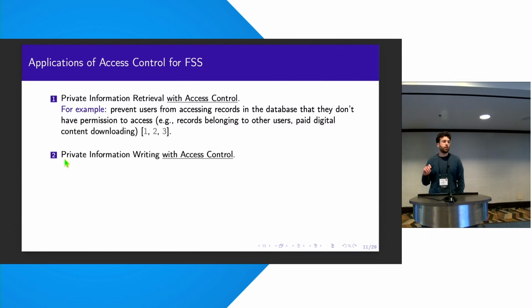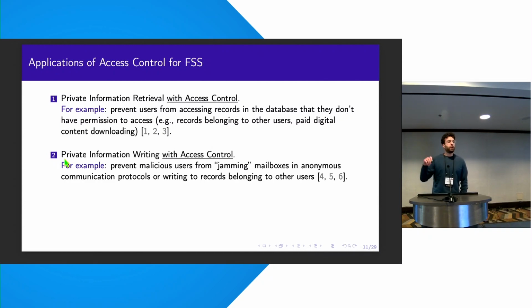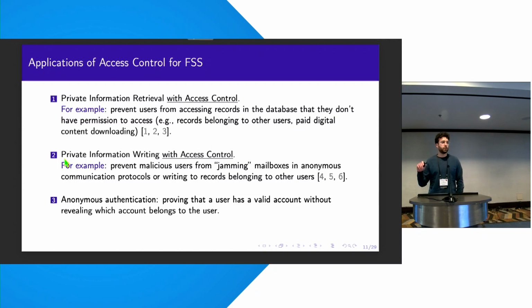Another application that is really useful in anonymous communication systems is private information writing. In this setting, access control can be useful to prevent malicious users from jamming mailboxes that belong to other users in the system. This can be really useful in anonymous communication protocols.